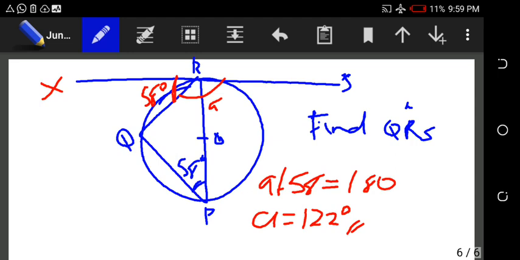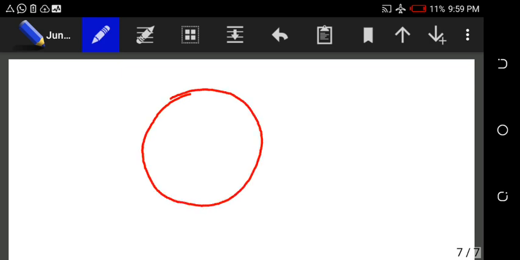I'll be seeing you in the next video, but before that I would want you to try this particular assignment. Try to solve this, whether you can analyze it and give the solution.